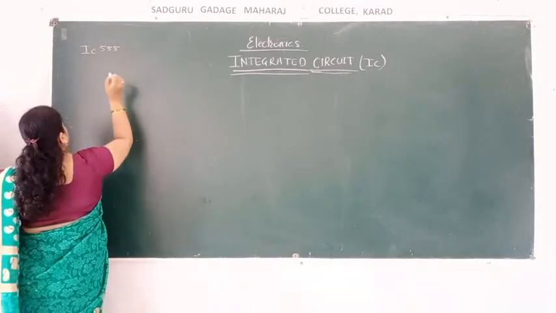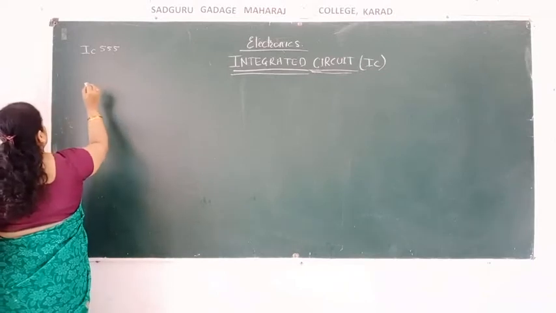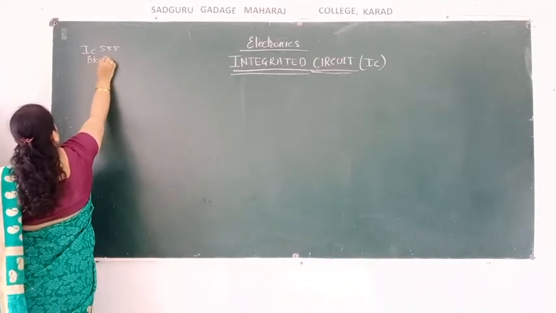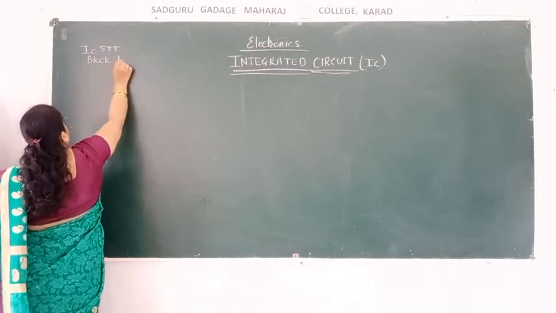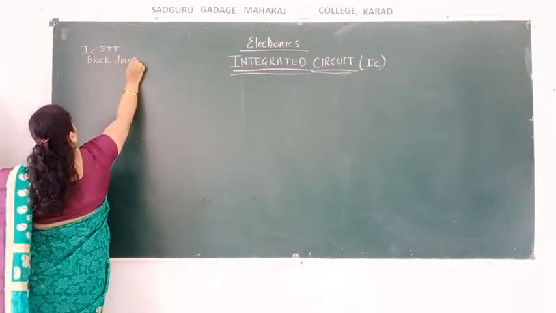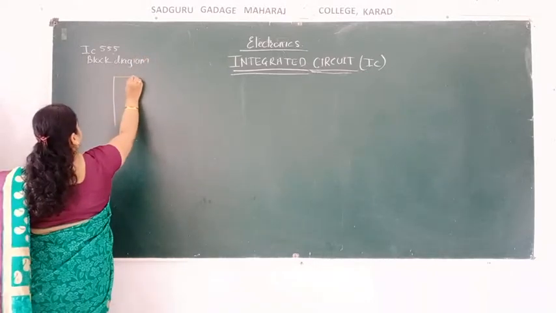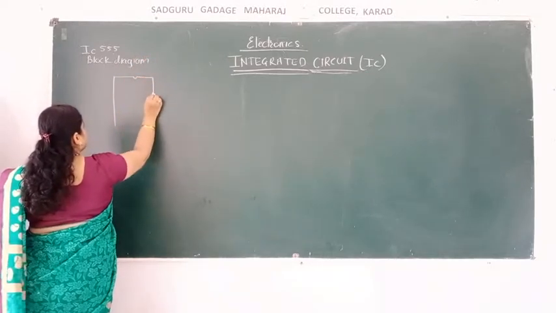IC 555. The block diagram of IC 555 we can draw like this.